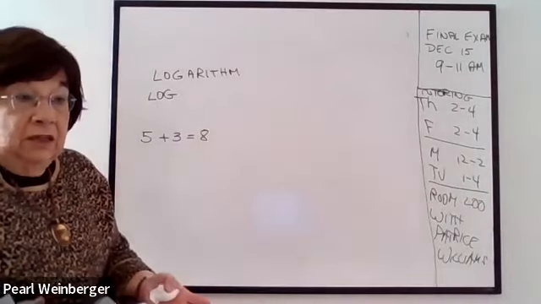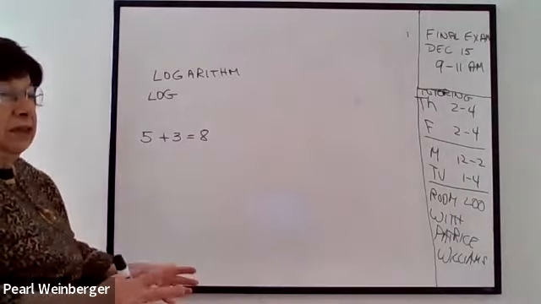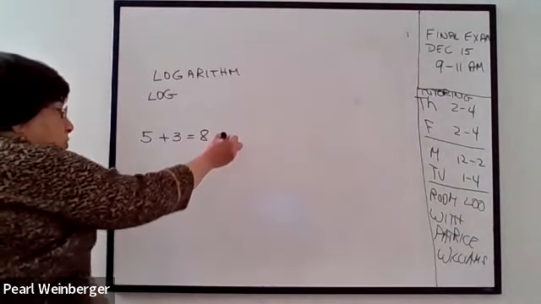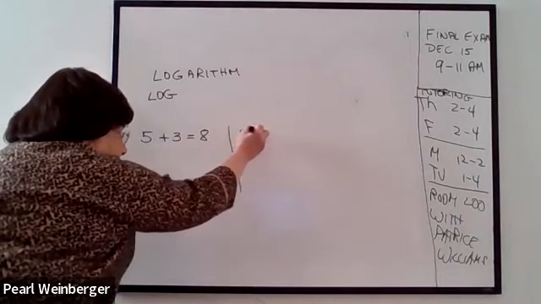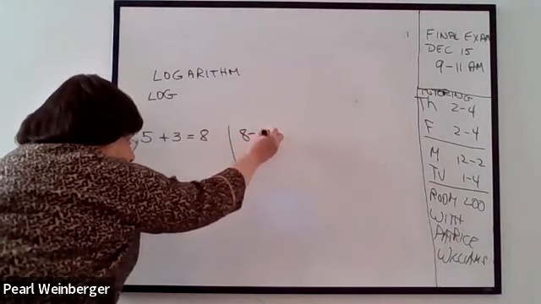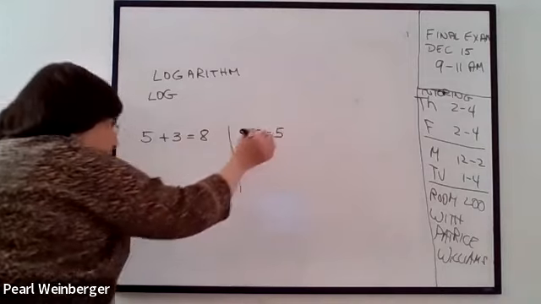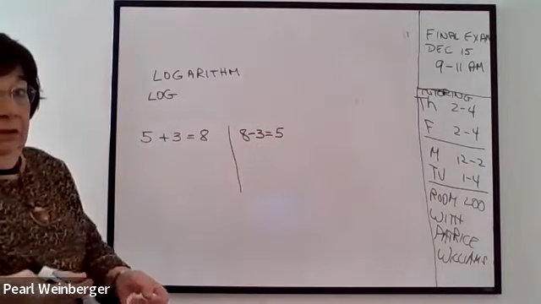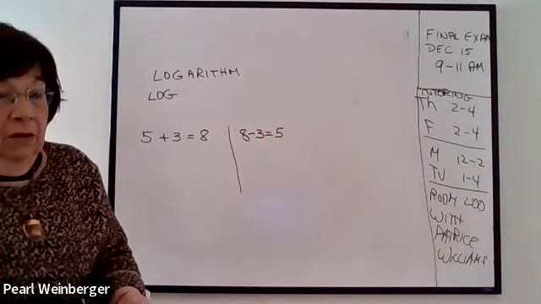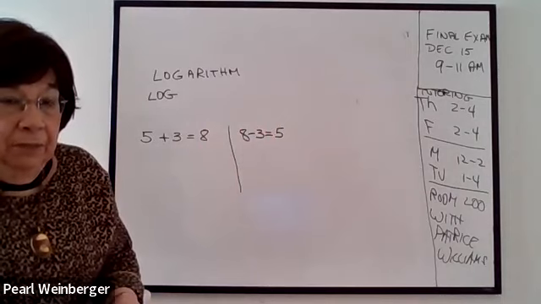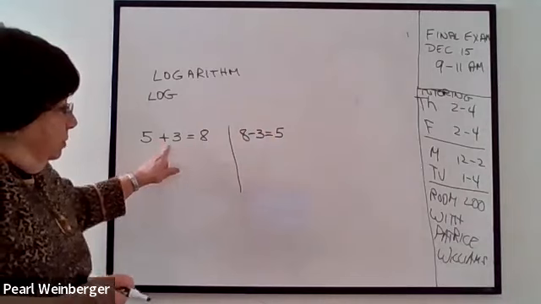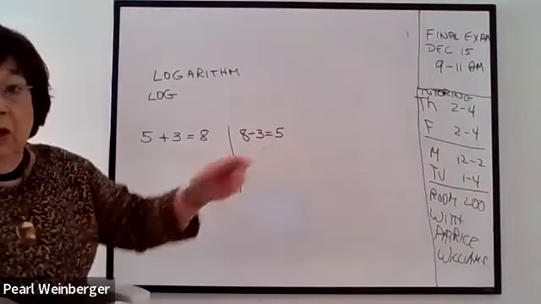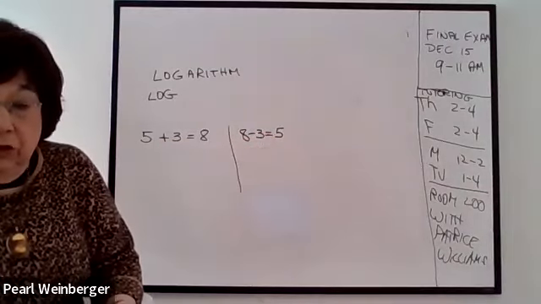I could have given you the exact same information by saying 8 minus 3 equals 5. Same thing, written with a different operation. This is addition and this is subtraction.